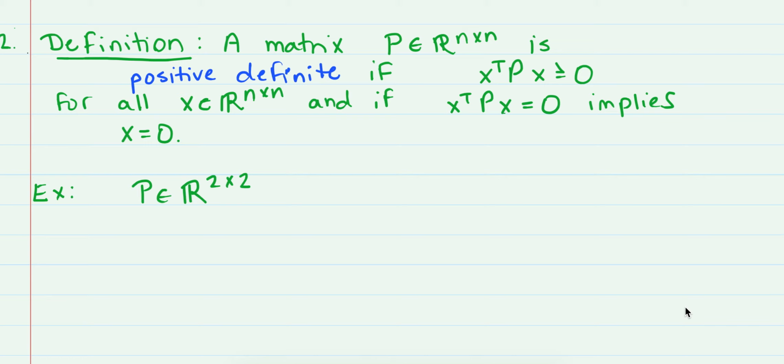Now a matrix P, that is a square matrix in R n times n, is positive definite if it satisfies this property, which is very similar to the first property of inner products. It says that this matrix is positive definite if x transpose times P times x is greater than or equal to 0 for all x in Rn, and if x transpose P times x being equal to 0 implies that x is equal to 0.